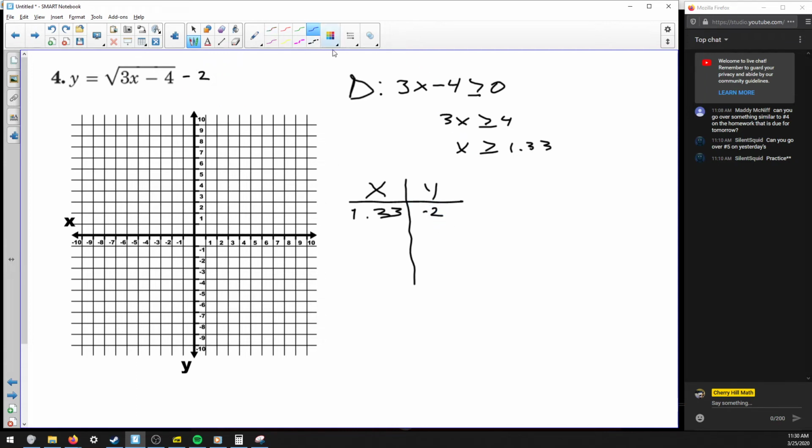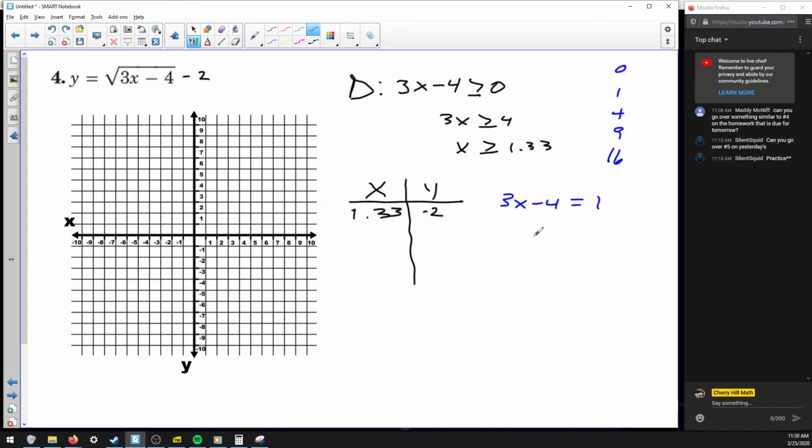And then I have my side work to do. I like my 0, 1, 4, 9, etc. list, so I'm going to just start doing some calculations. What makes 3x minus 4 equal to 1? I'd like there to be a 1 under my radical.